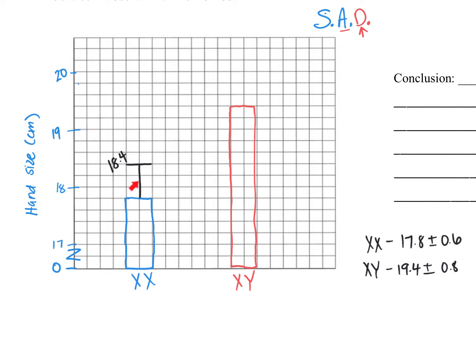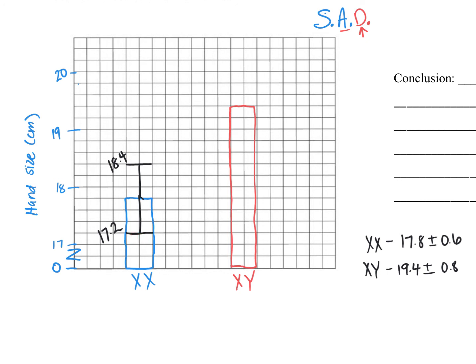So now that I drew the top of that SEM bar, I'm going to do the same thing with 17.8, but this time I'm going to subtract 0.6 to find out how far down to draw the bottom of the SEM bar. And so 17.8 minus 0.6 comes out to 17.2. So starting from here, I went down 0.6, and that's where that line would be.